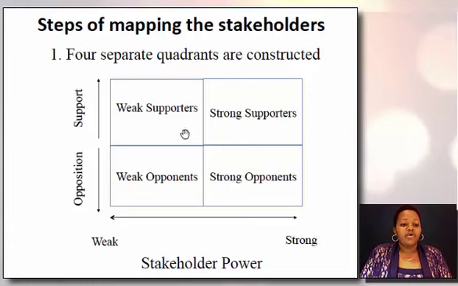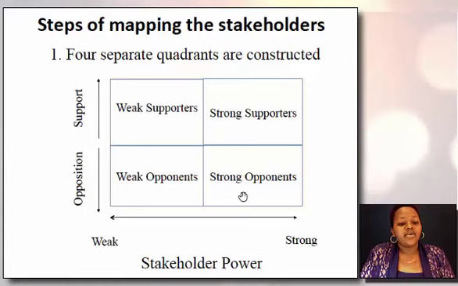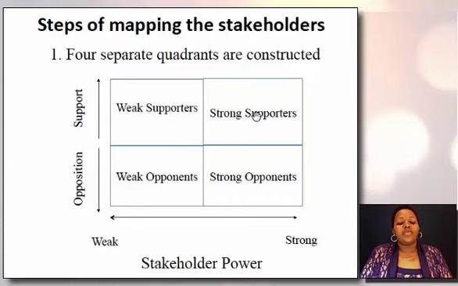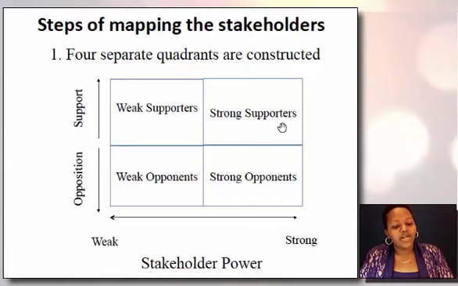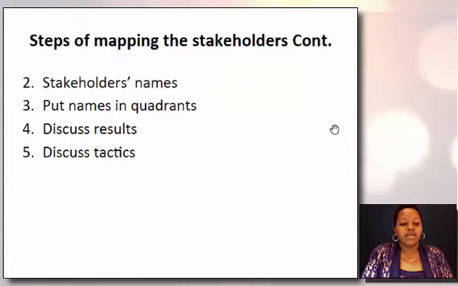The aim of all this analysis is to move the stakeholders who are weak supporters or weak opponents, as well as the strong opponents, to become strong supporters, which will help us implement our project successfully. So the first very important step is to construct a quadrant with four separate sections in order to analyze our stakeholders and know where they belong.